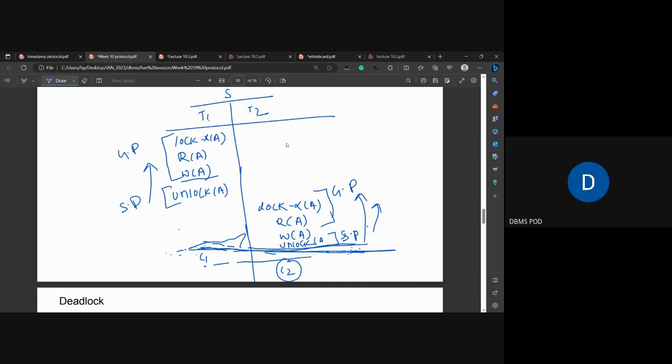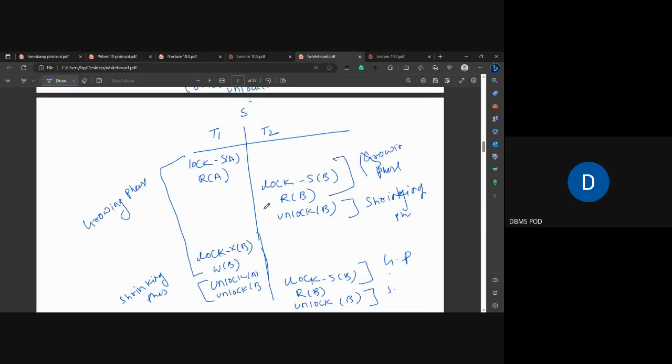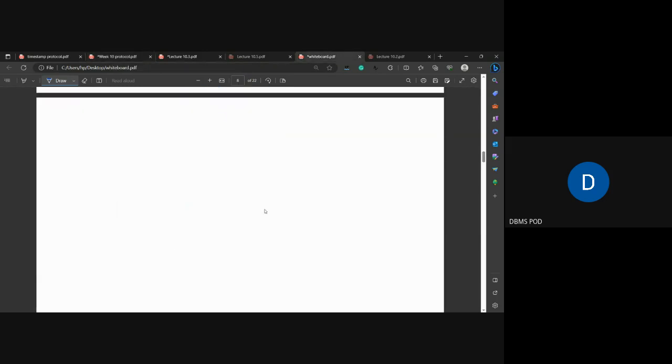Okay, so see, let's give one example. Suppose T1 and T2. Suppose you want to transfer money from account A to account B, right? So we apply an exclusive lock on A, and an exclusive lock on B, XB.